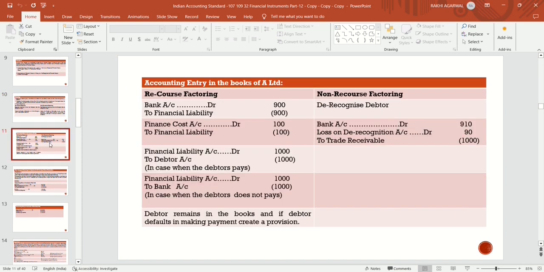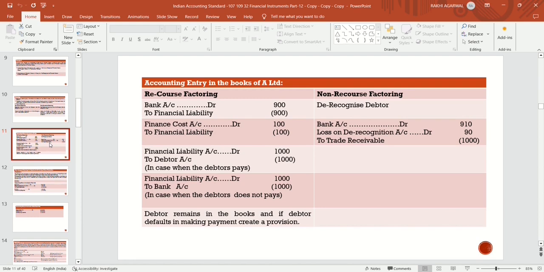Accounting entry in the books of A Limited in recourse factoring. How is accounting to be done if the company opts for recourse factoring? In our case, A Limited had sold goods of 1,000 to B Limited and discounted that bill with the bank.